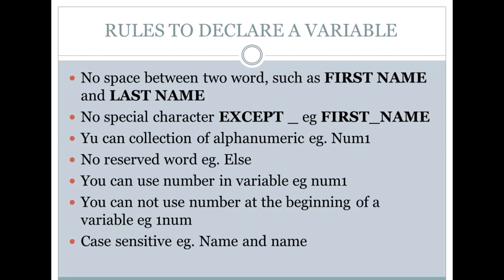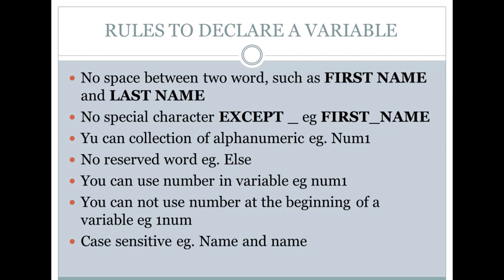So in this example, no space between two words such as first name and last name. Especially when you want to get information from your user, like first name and last name, and you want to indicate that this portion is for your first name, this other portion is for your last name, and you're from HTML, you want to put it like this, you're going to run into an error.